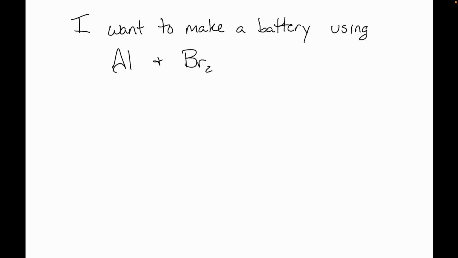That's what I want. I've got aluminum on hand, I've got a bunch of bromine on hand, and I want to make a battery out of them. So I'm going to go to our constants page, and you're going to pick out the 2 half reactions that we would use in this battery.